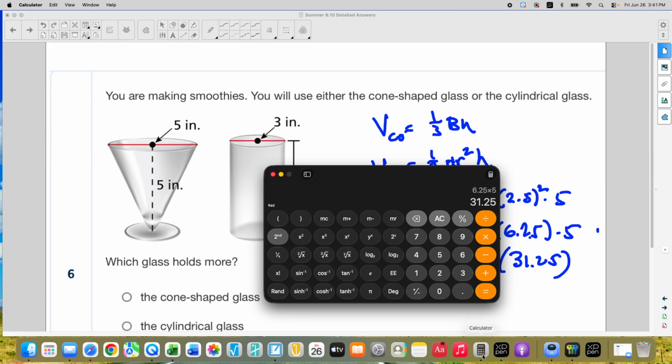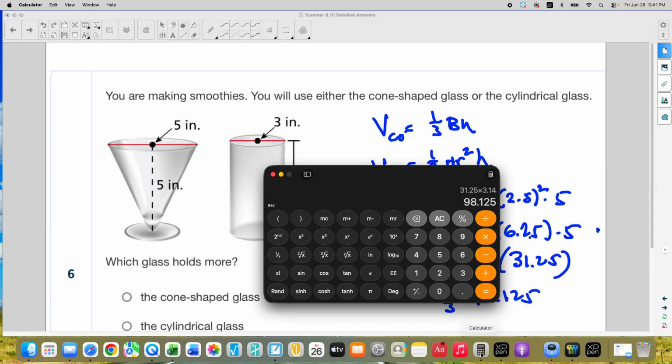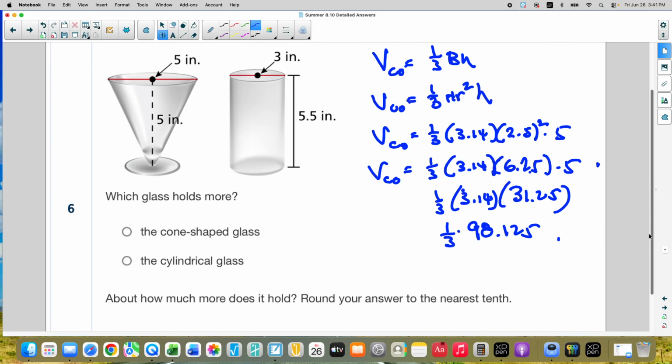So times 3.14 is 98.125. 98.125 times 1/3, divided by 3, equals 32.7.